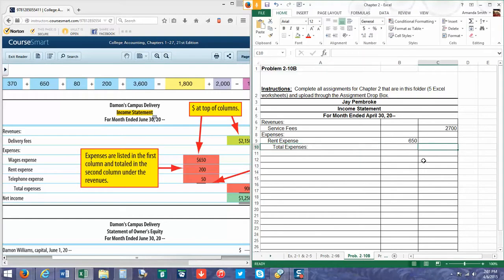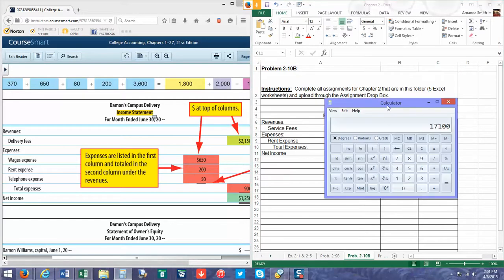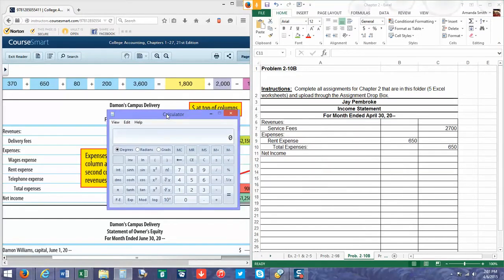That's $650. And then we're going to figure out the net income. How much did our company make? To do that, we're going to take the $2,700 minus $650. So our net income is $2,050.